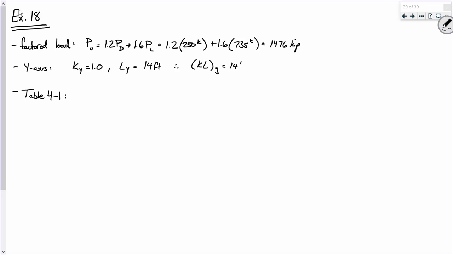Remember, it's for an effective length of 14 feet and a capacity of 1476. Okay, I got a W14 by 132. Do you have a second on that? You got that? Well, it's not a W14 by 800, right? It'll work though, right?